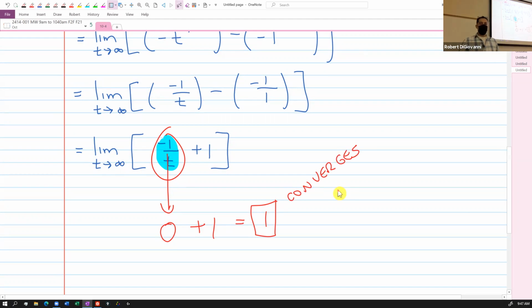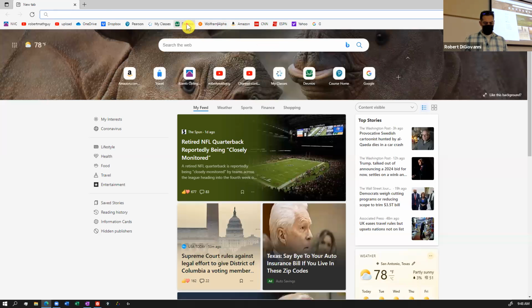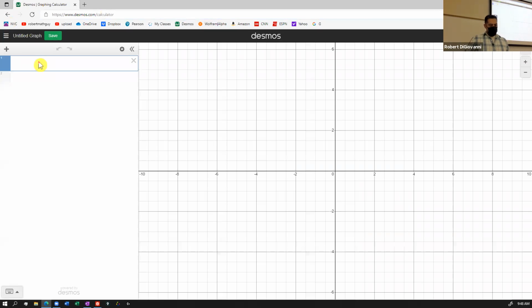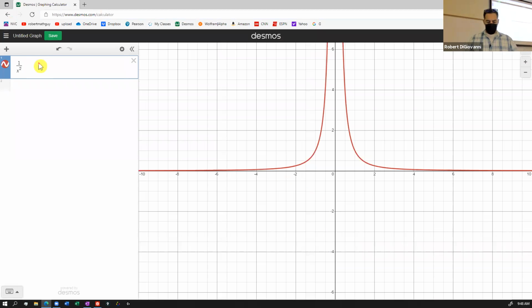Now we have to make sure we understand what this actually means, all right? So I think what I'm gonna do is I'm gonna go to a graph to help us see this. Whoa, okay. So if I graph 1 over x squared, okay?